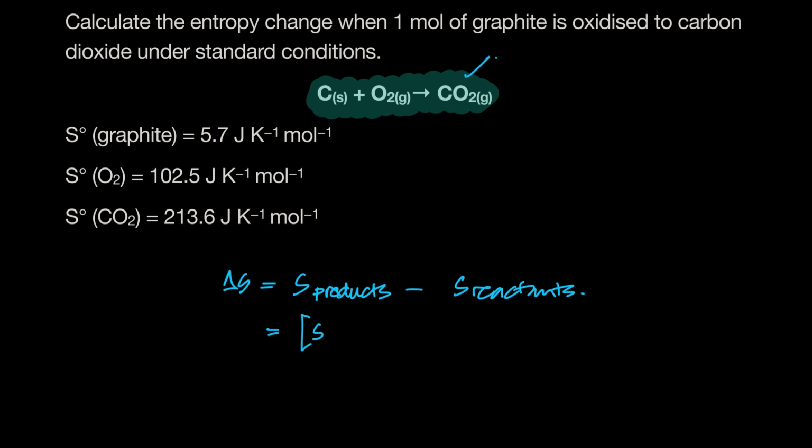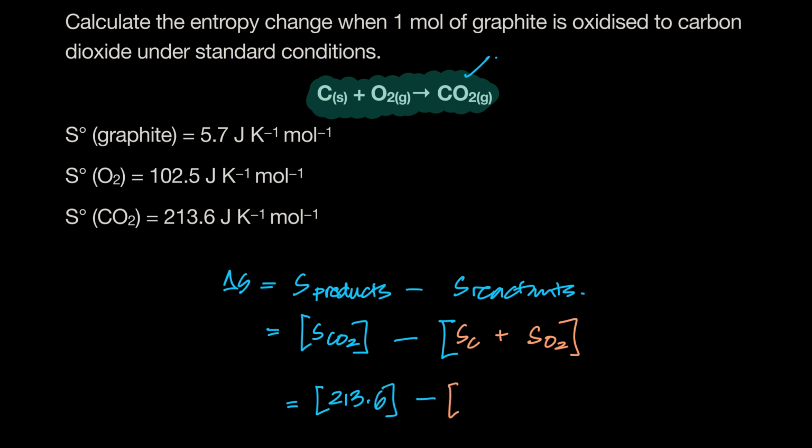So it's the entropy of CO2 minus the reactants. The reactants in this case are 1 mole of carbon and 1 mole of oxygen. The entropy of CO2 is given to us as 213.6 minus the other two. Carbon is 5.7, solid, so pretty low, and oxygen is 102.5.